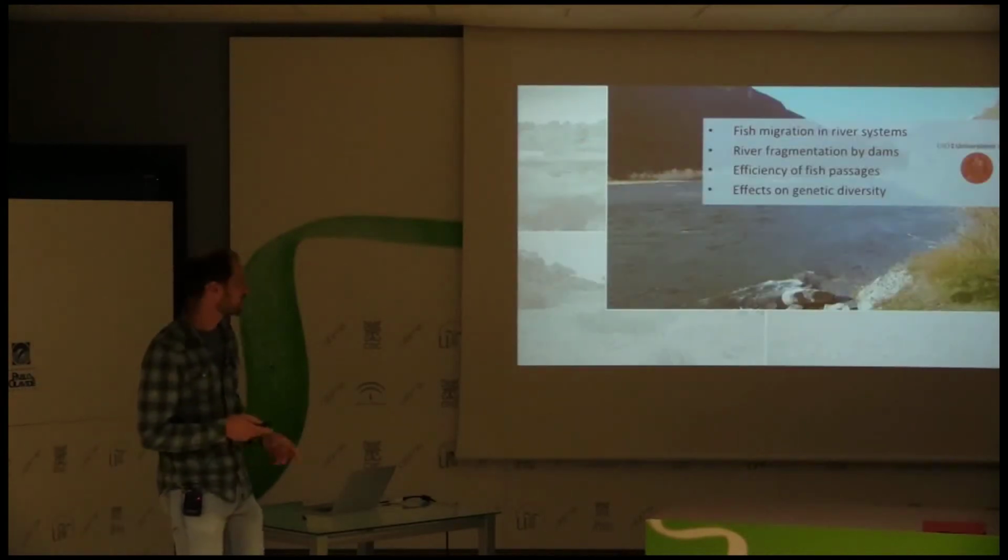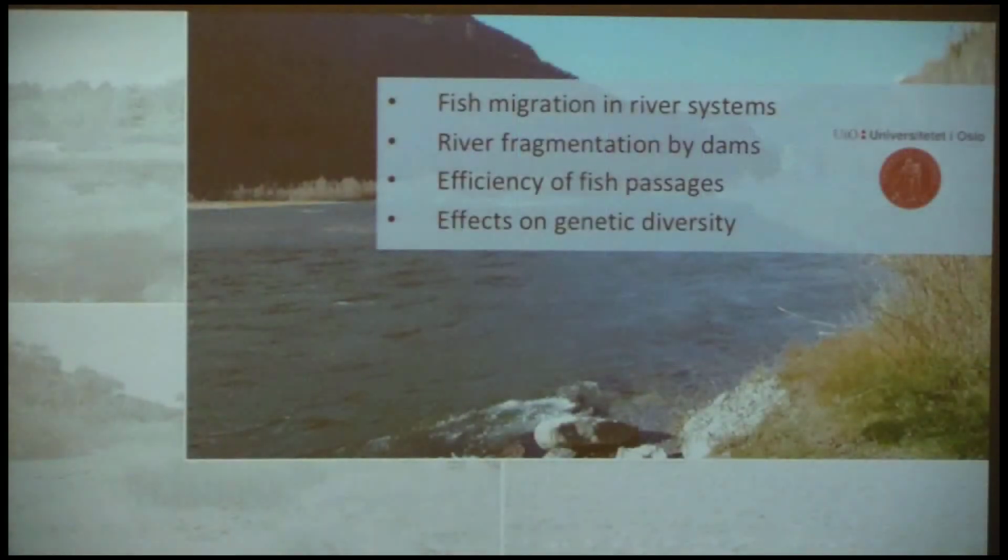But then also I've spent some time in Norway working on movement of animals, particularly fish, in response to fragmentation of river systems. So as humans we try to generate this green energy these days, which is very hot, which I totally support. But on the other hand, we're building these large hydropower dams in rivers, which blocks the possibility for fish to migrate past these dams.